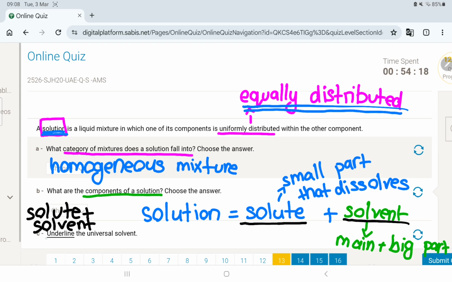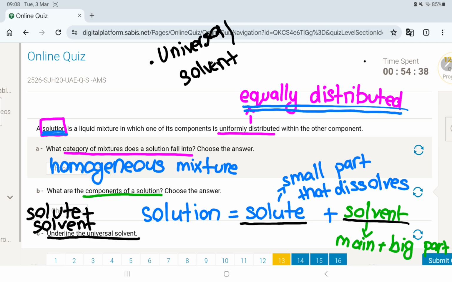Now it says underline the universal solvent. You guys remember I already explained it, but it's fine. The universal solvent, the one that dissolves almost everything, is water. Because for example, in science class, they say imagine you dissolve sugar in water, imagine you dissolve salt in water. What do we normally use here?